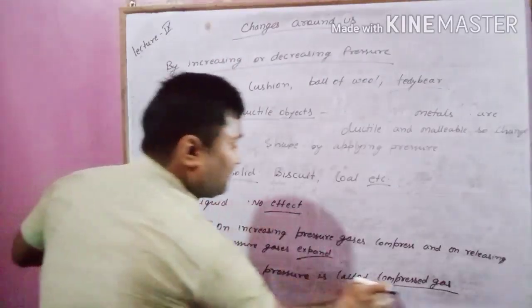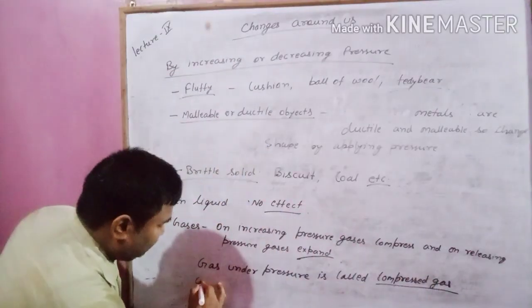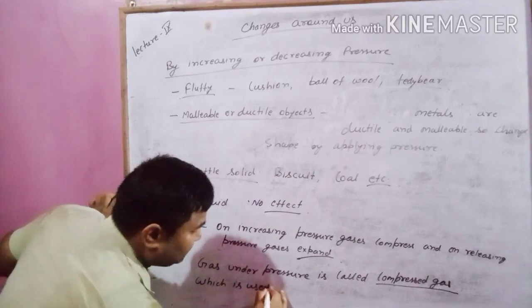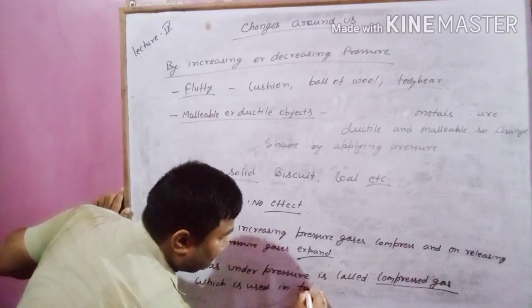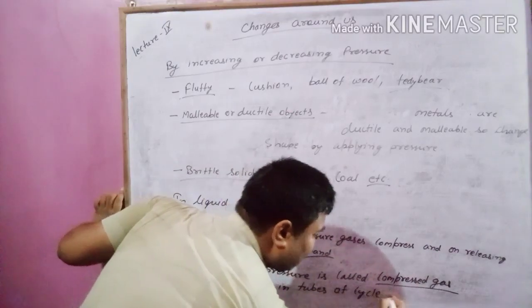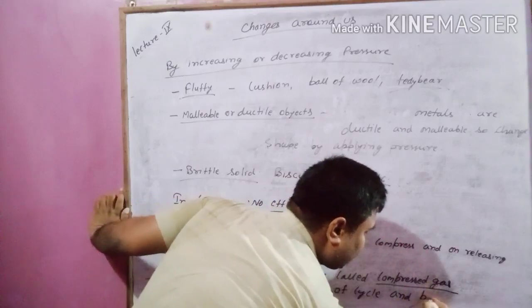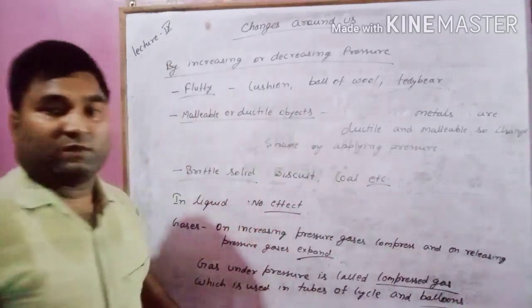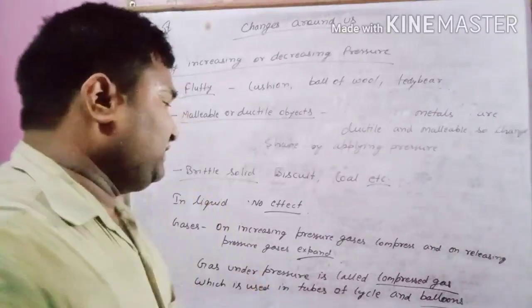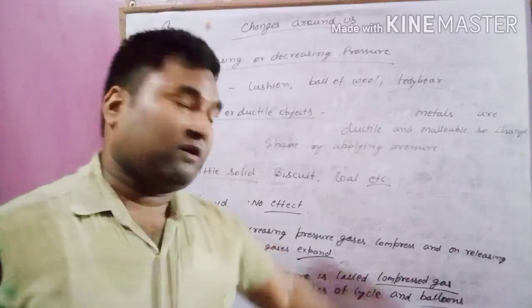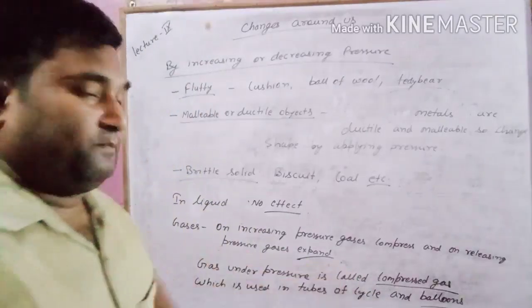So gas under pressure is compressed gas, which is used in tubes of cycle and balloons.